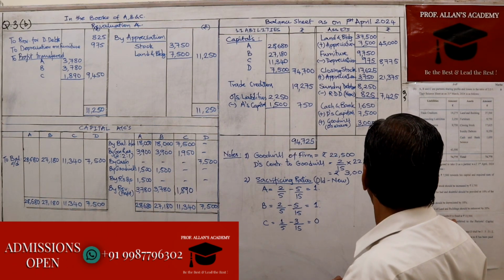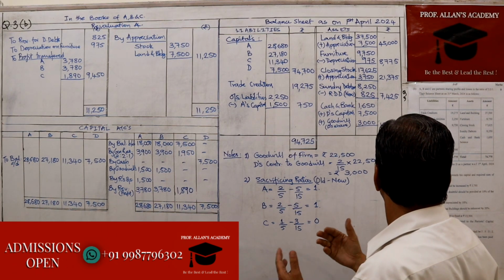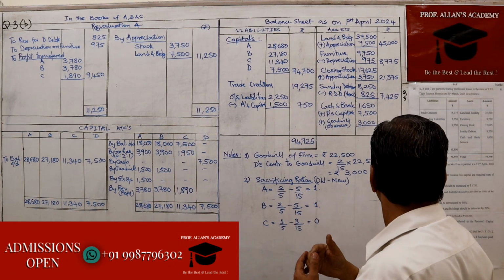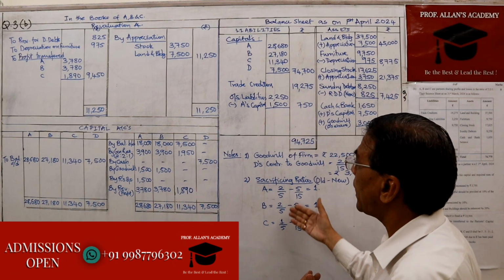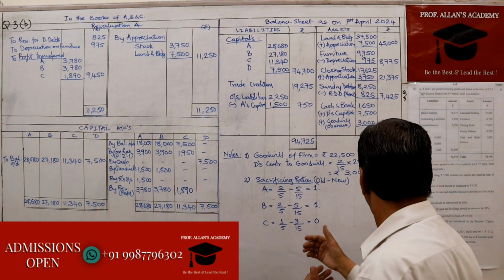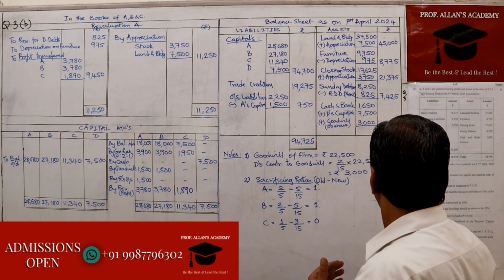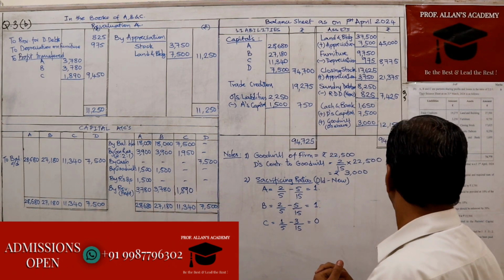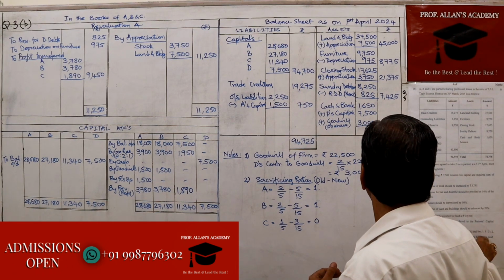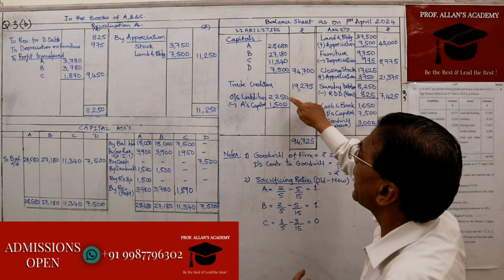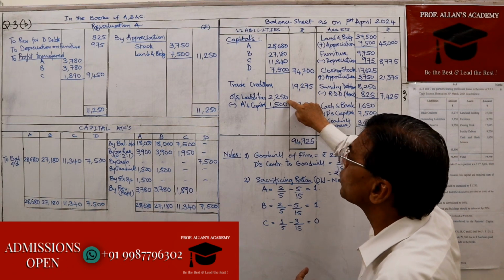Then we have goodwill, which we have already worked out, and general reserves as already mentioned to you. Then they have given us the new profit sharing ratio, which we have utilized for finding out the sacrificing ratio. Another important point they have made is that the outstanding liabilities include 1,500 due to R. Our outstanding liabilities, as I said, were 2,250.